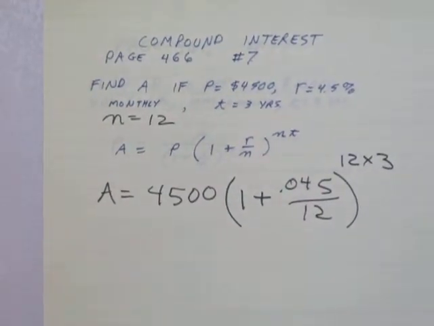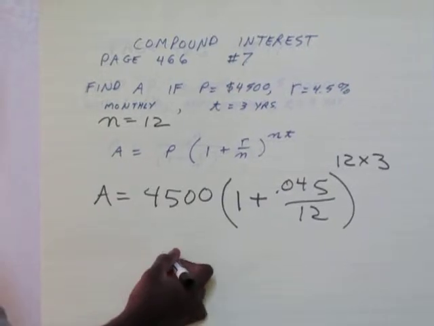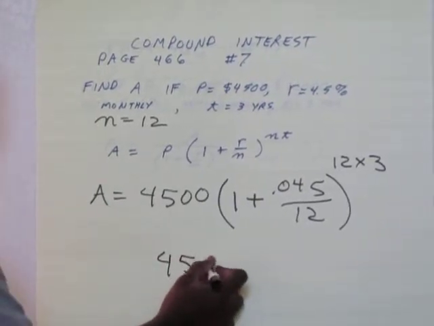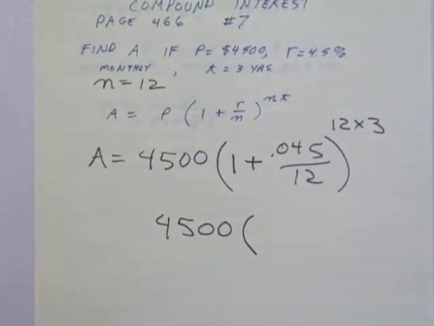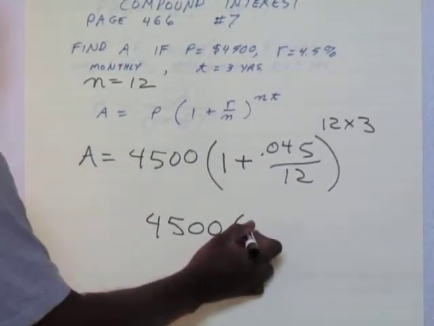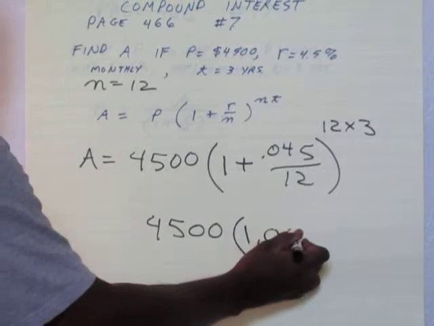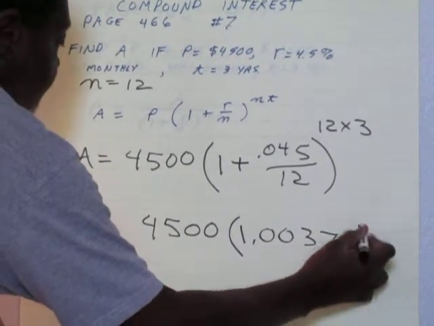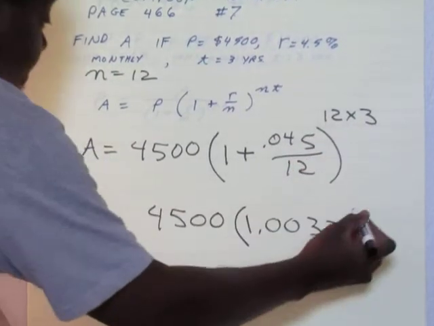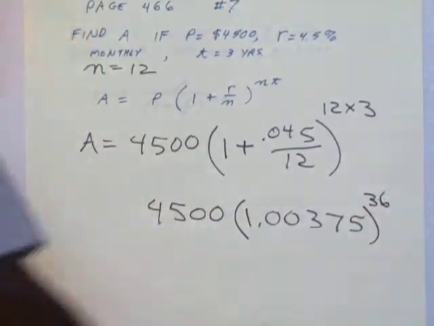Now let's simplify that a little bit. Dividing that out and adding it to 1, we get 1.00375, and that is to the 36th power.